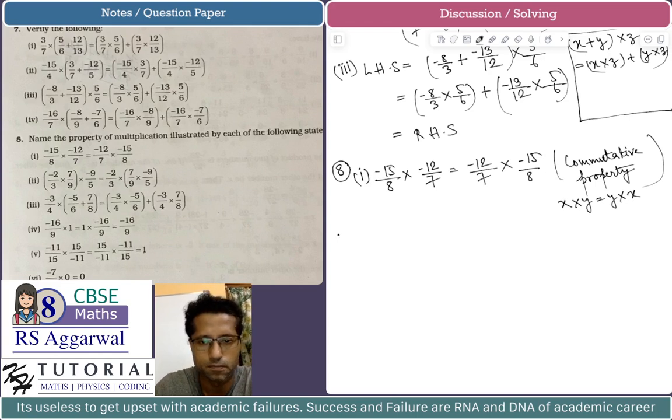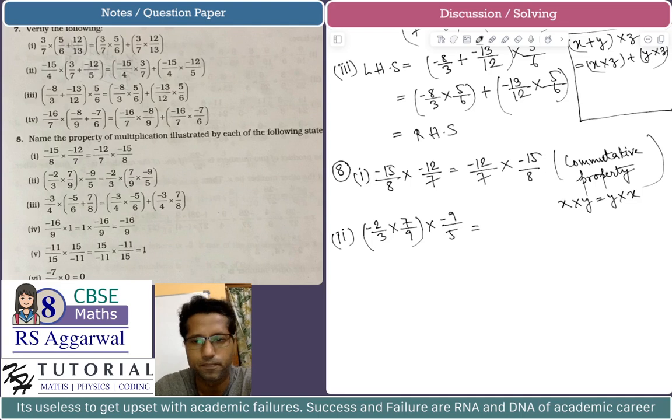If you see part 2, it is given that minus 2 by 3 multiplied by 7 by 9, multiplied by minus 9 by 5, is equal to minus 2 by 3 multiplied by 7 by 9 multiplied by 9 by 5.